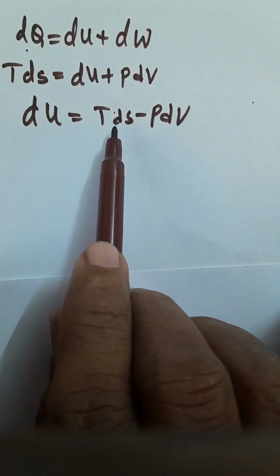But if you want to derive any energy function, it should be in only one variable, and here two variables are there.